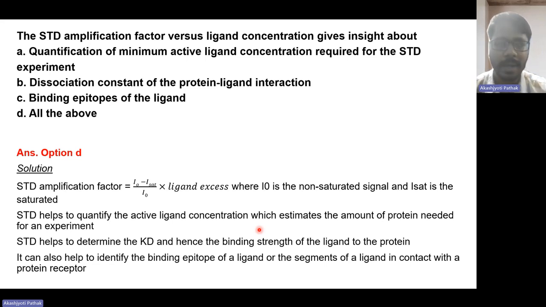So how strongly or how weakly the ligand is binding to the protein, that information can be obtained from an STD. It also helps to identify which particular protons in a ligand are specifically interacting with the protein molecule. So that information you can also get from an STD experiment.